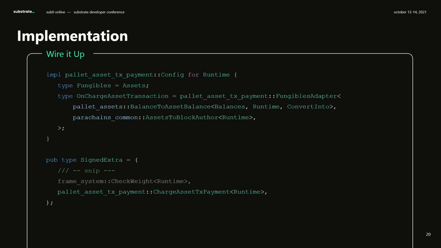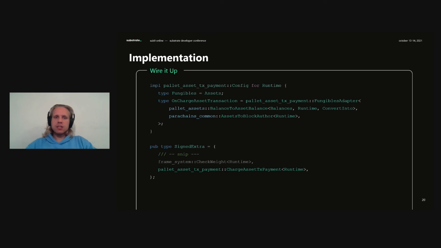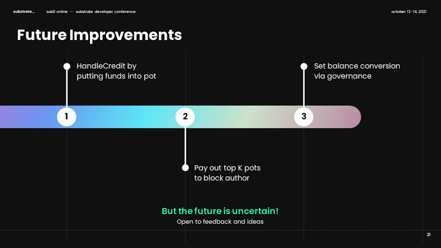Our on-charge asset transaction is this combination of the fungibles adapter and the converter, the balance converter, and the assets to block author, all of those together. And then at the bottom, you can see the signed extra, where we swap out the old charge transaction payment, and we instead include our own charge asset transaction payment, the wrapper that we built. Alrighty.